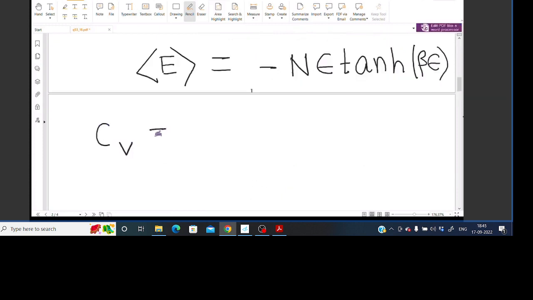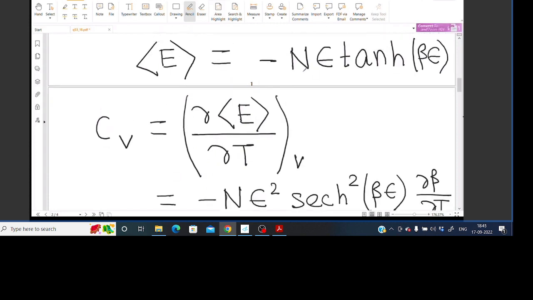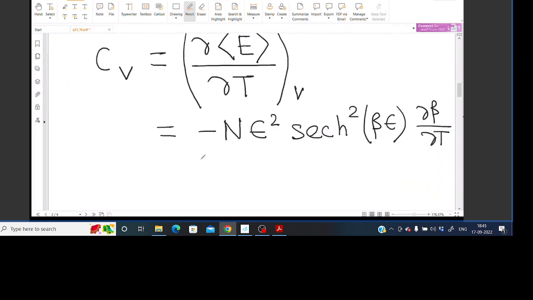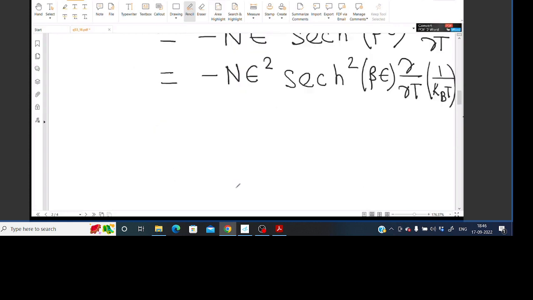Now the specific heat is given by differentiation of the average energy with respect to temperature. Putting the average energy equal to minus n epsilon tanh(beta epsilon), we get the specific heat at constant volume is equal to minus n epsilon square sech square(beta epsilon) into del beta del T. Here beta equal to 1 by kBT.